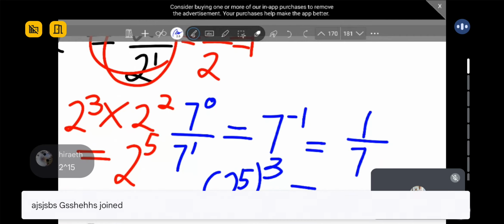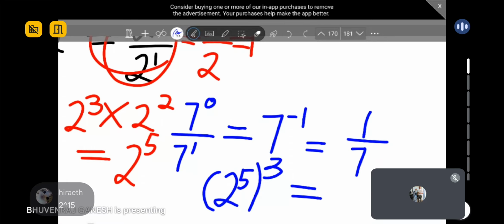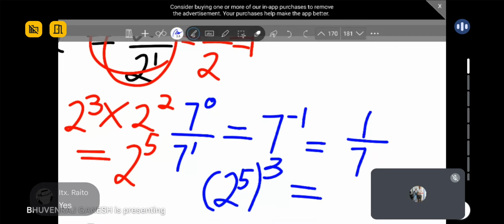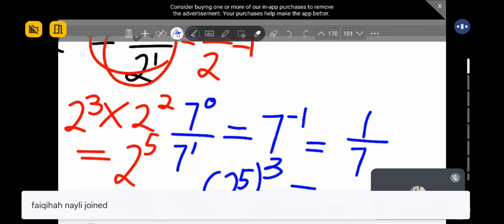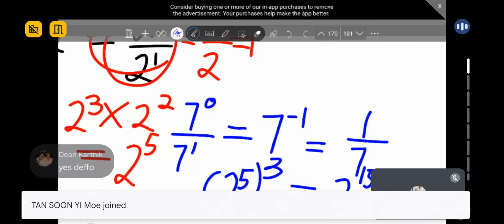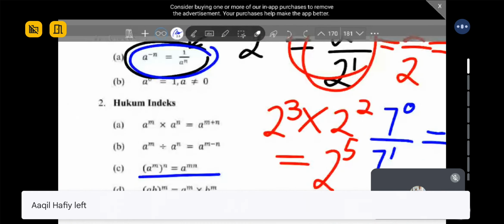Honestly, you don't know how to answer the question is because you all forget all these basic rules. Okay? So that's why I actually go through all this. Dia nampak senang, tapi bila dalam exam, dia tak senang macam kamu fikir sekarang. Itu yang saya maksudkan. That's why you guys need to know. Okay, so yes, this is 2 power 15. Just to refresh back your concepts. Okay, ulang kaji saja.